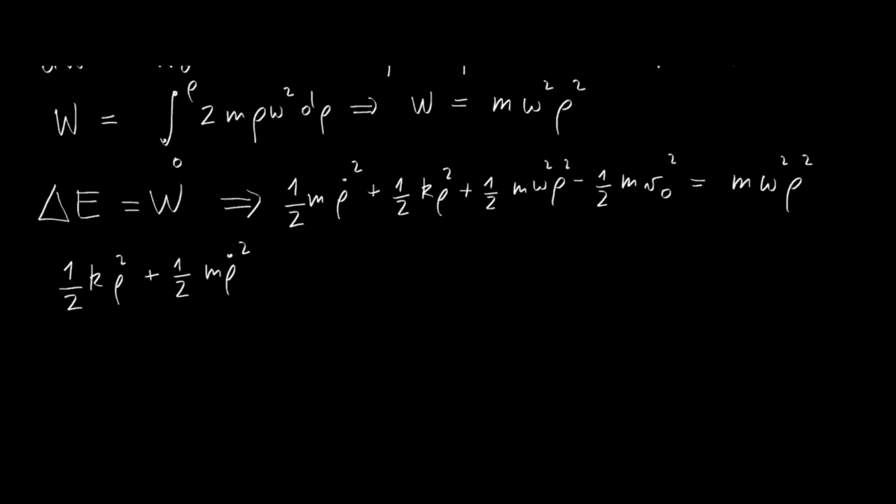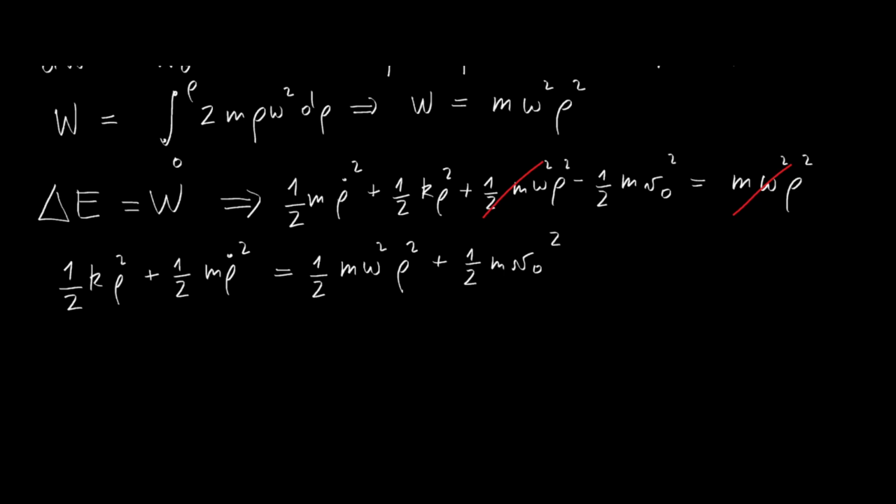These two terms are important. This and this, I will pass this first term, 1/2 m omega square rho square, to the right hand side of our equation, and it will appear now with a plus, 1 minus 1/2, plus this 1/2 m v0 square.